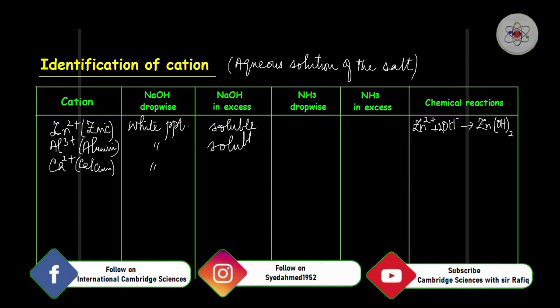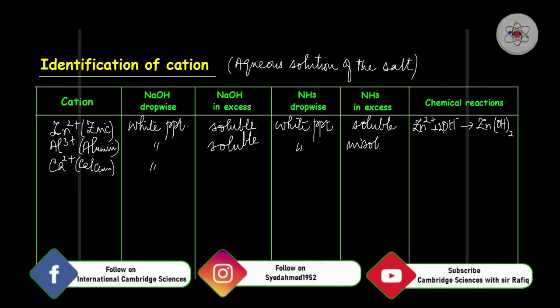So up till now, after using sodium hydroxide, we are not sure whether the salt contains zinc or aluminium, but when you go ahead to the third and fourth step, a white precipitate will again be the result, and in excess of ammonia, zinc is soluble but aluminium is insoluble.